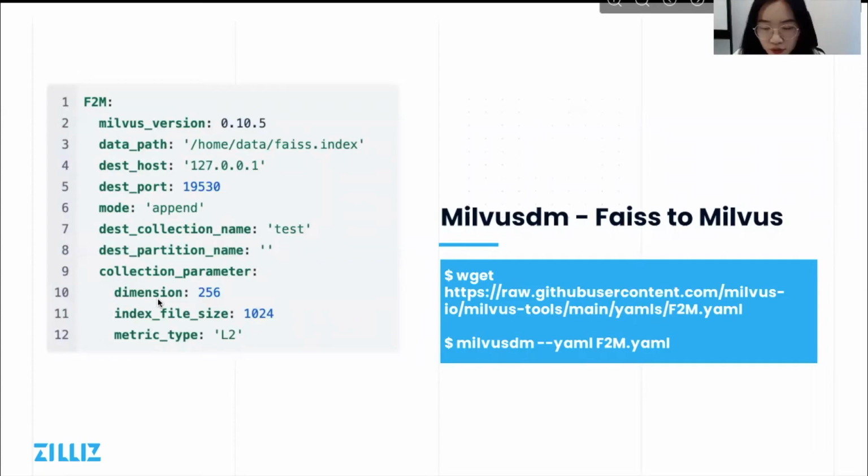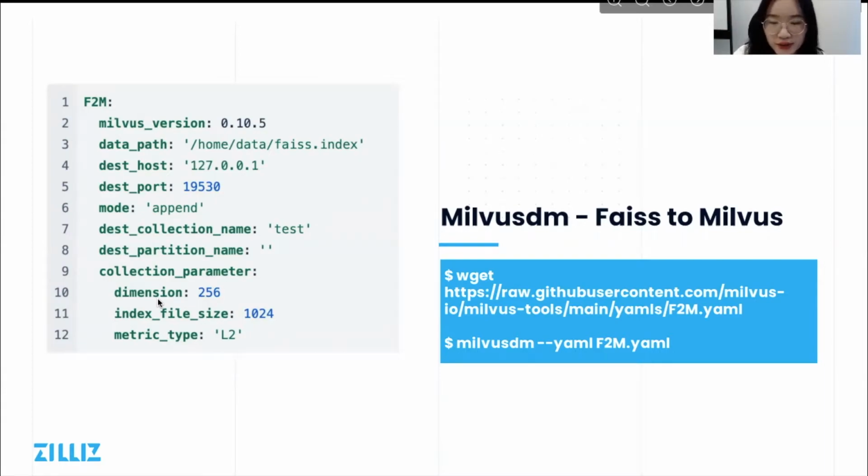Skip means ignore if the collection or partition already exists. Append means append data if the collection or partition already exists. Overwrite means if the collection or partition already exists, delete the data before inserting it.